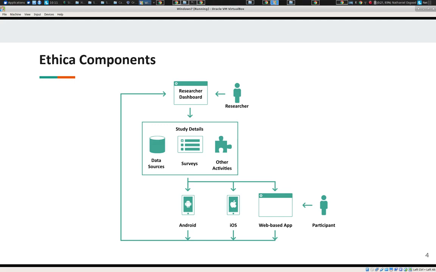Ethica consists basically of a system by which you can create quite customized studies or deployments for your area of interest without programming. You can then deploy those studies to devices such as Android and iOS smartphones, or to the web, as it turns out now, and participants can interact with them.